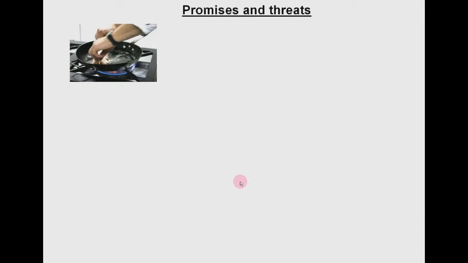We can also use the future simple as a promise or a threat. So if you help me cook dinner, I will do the washing up. So this is a promise. If you do this, then I promise to do that.